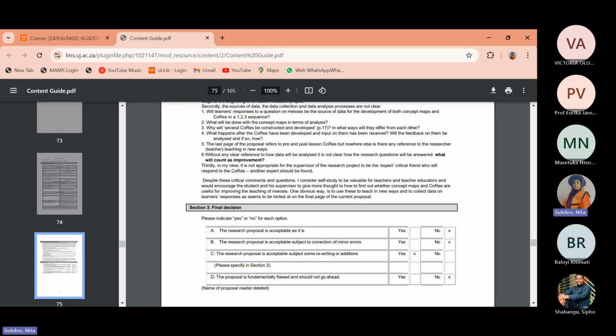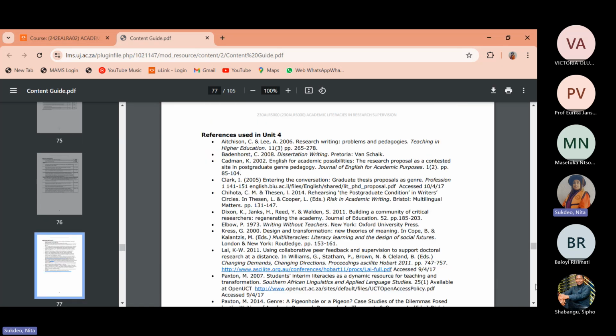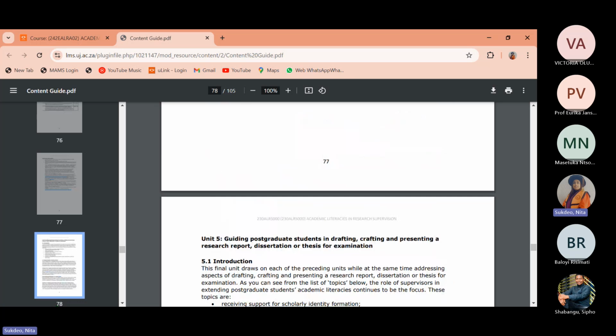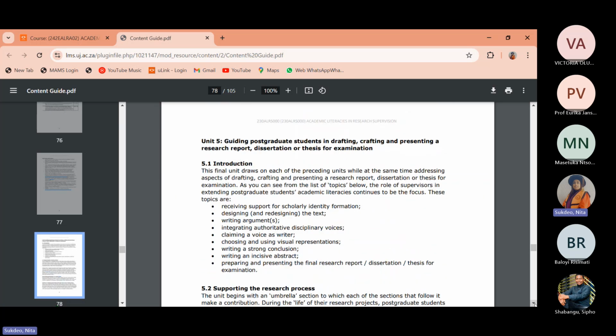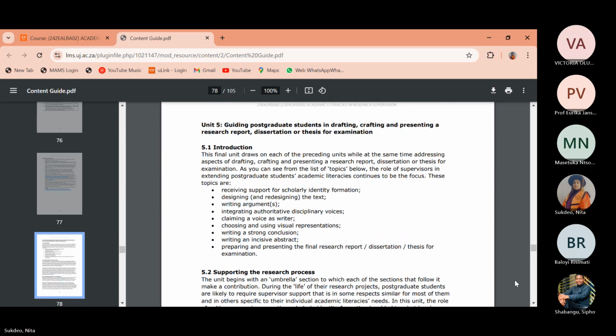Okay, so what we're looking at now is, after the assignment, Unit 5. We went through the proposal stage and how to draft and craft and present the work in a proposal setting, the templates that we need to use, and so on. Unit 5 now takes you, as a supervisor, through what you need to guide the student on in building up until their examination process.